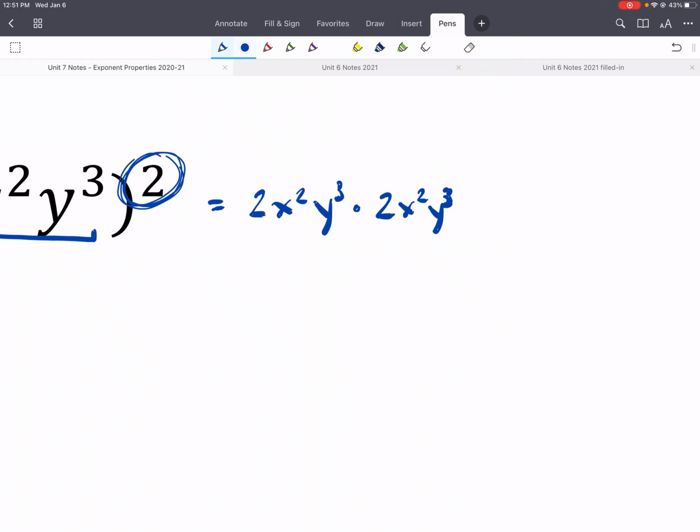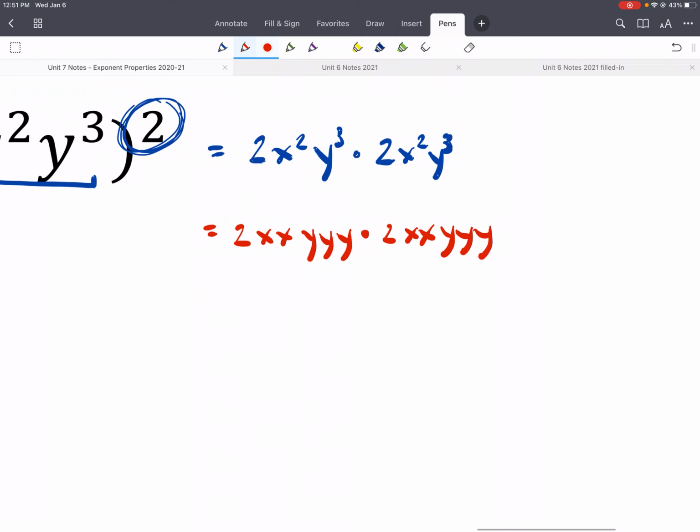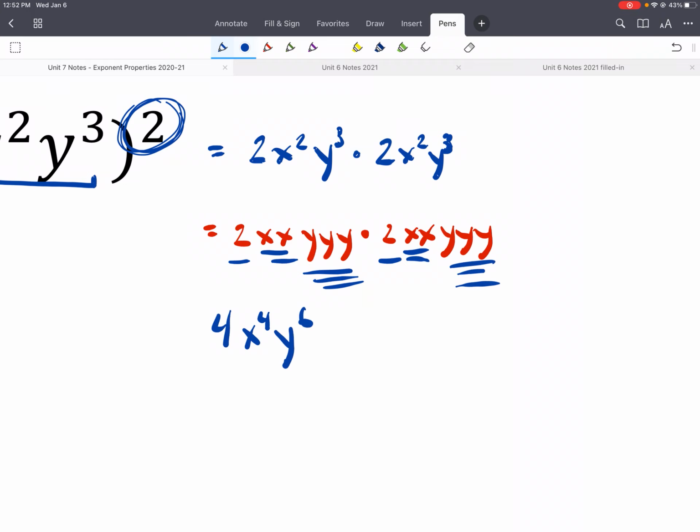Now we can expand those even further. That would be 2x x y y y, 2x x y y y. Let's look at our coefficients first. We have 2 times 2, that's 4. We have 4 x's, so that's x to the 4th. And we have 6 y's, so that's y to the 6th.